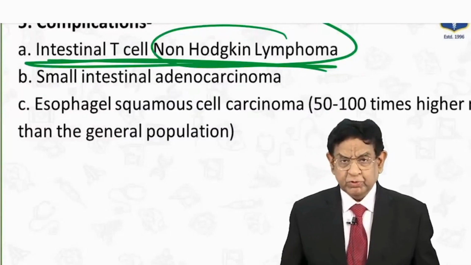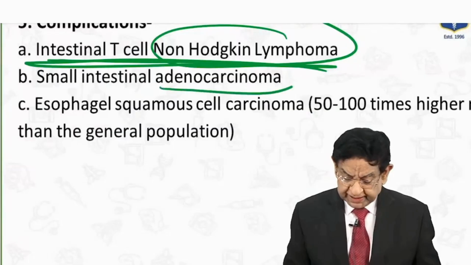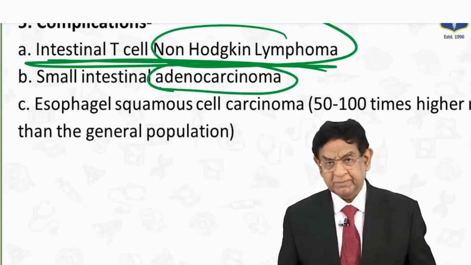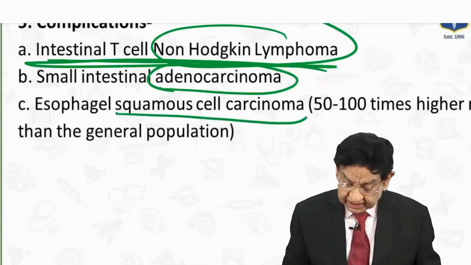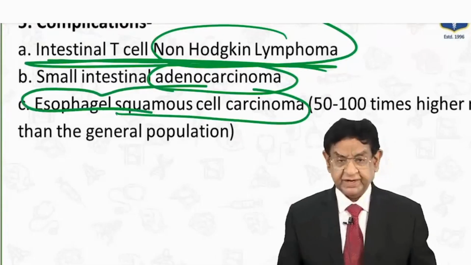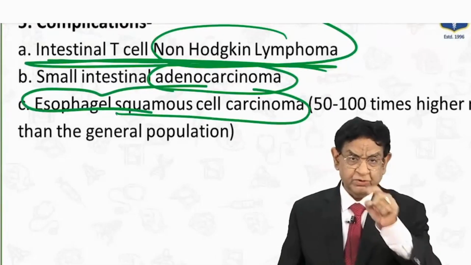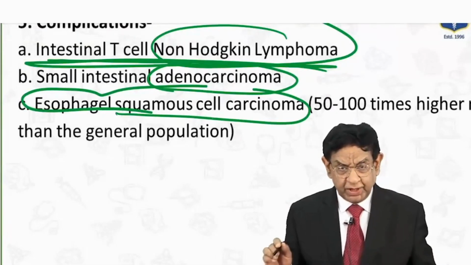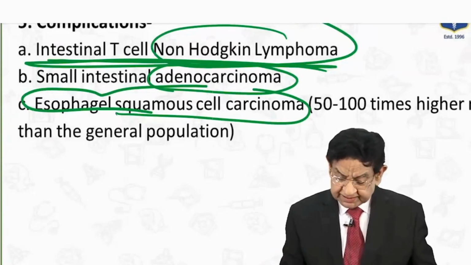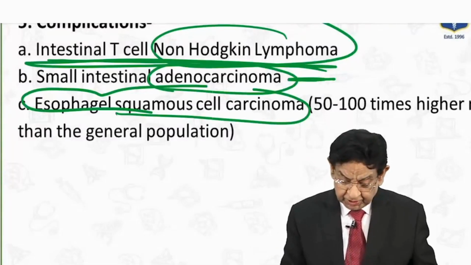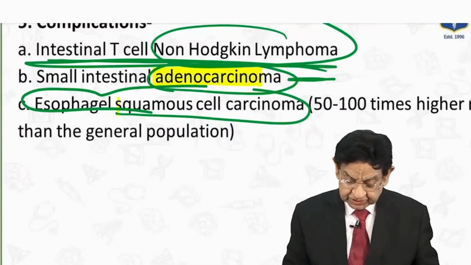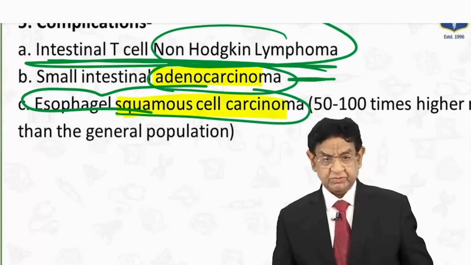They are also prone to small intestine adenocarcinoma, and squamous cell carcinoma of the esophagus. Point to be noted: in the small intestine it is adenocarcinoma; in the esophagus it is squamous cell carcinoma.